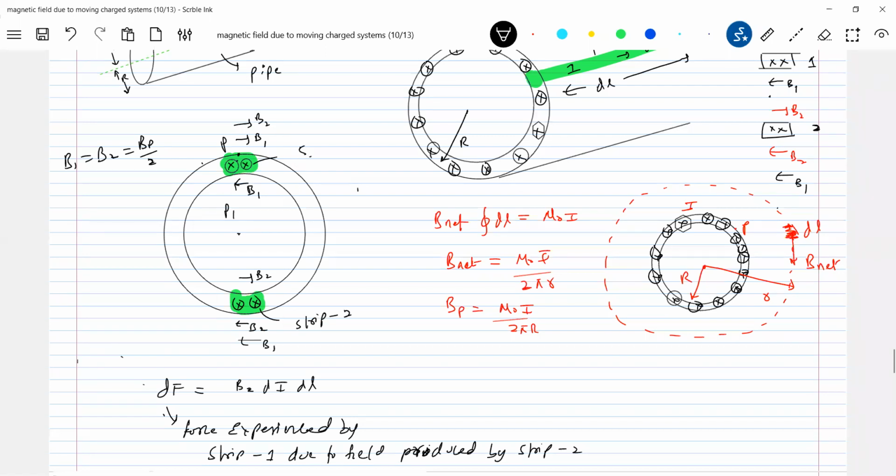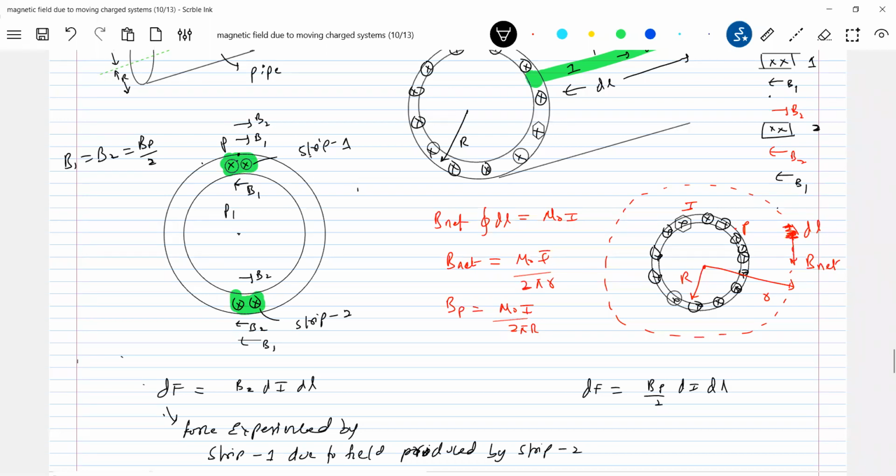So directly write strip 1, strip 2. Now what can you write? This dF equals B2, which is BP by 2, times di, into dl.